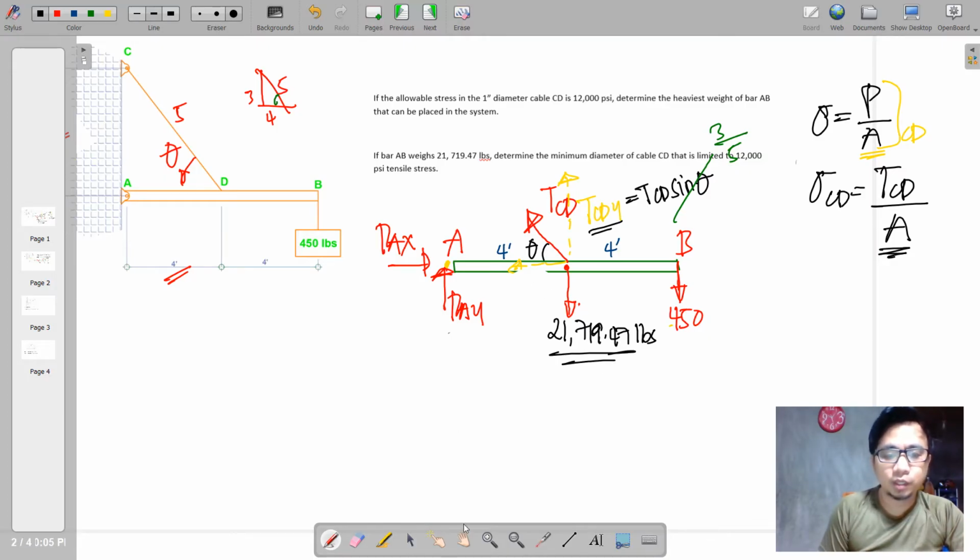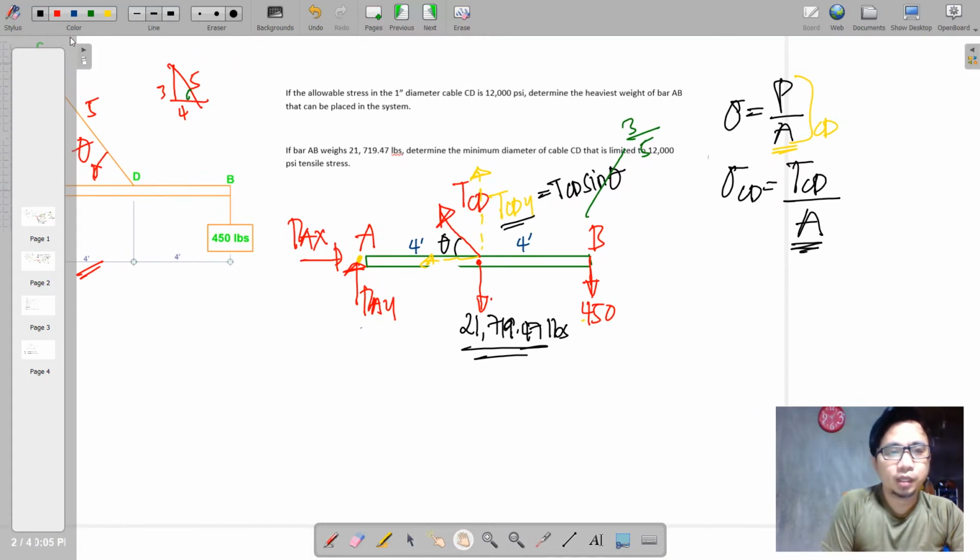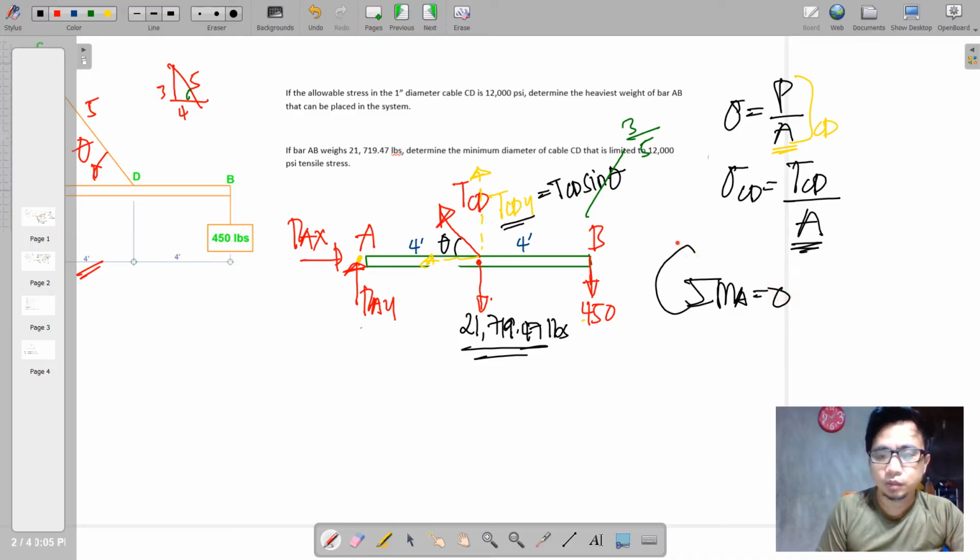Okay, so we can do that again by taking moments at A. Summation of moments at A is equal to 0.